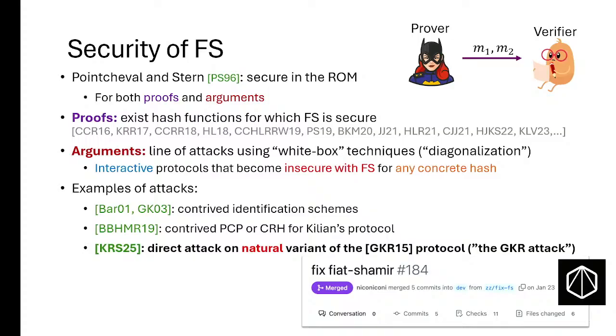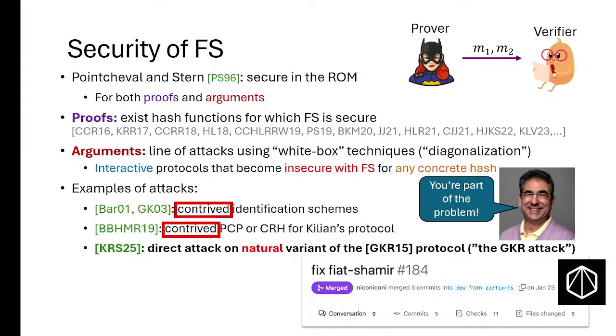I gave a similar talk recently at Simons, and when I gave this, Ron Rothblum noted that I'm part of the problem. He said it in a nicer way, but I'm part of the problem by calling these things contrived. It turns out they're not that contrived, because this attack is very similar to these attacks.